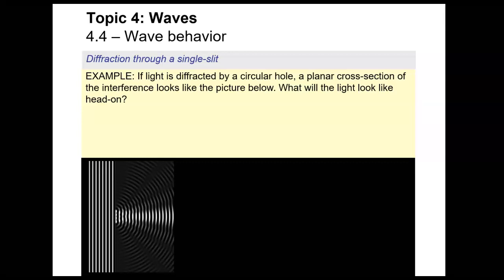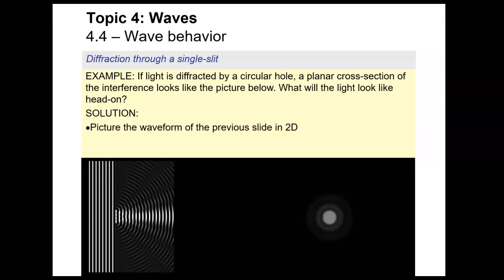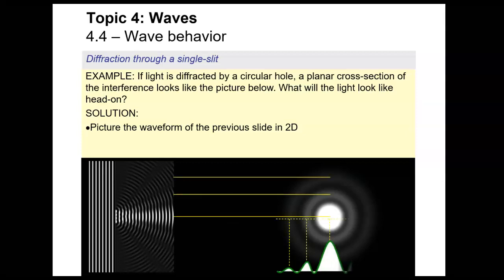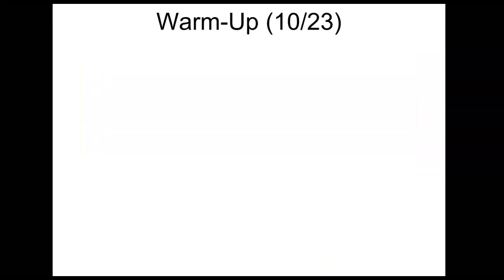And what you actually get if you pass light through a tiny hole is something that looks like this. You get these rings where the bright middle part is really, really bright, and then you see a black ring, and then a light ring, and then a black ring, and then a light ring. And it would look something like this if you were to graph the intensity.